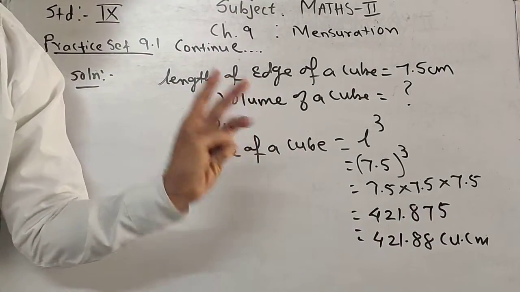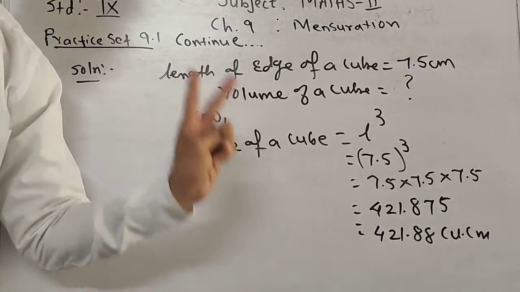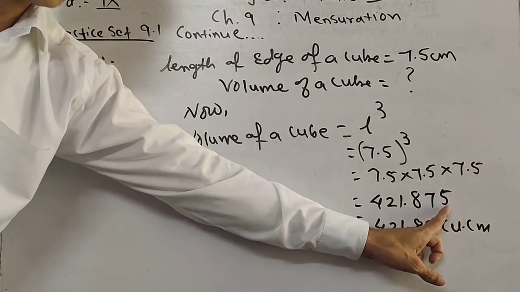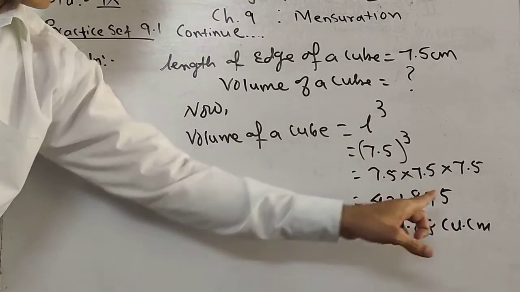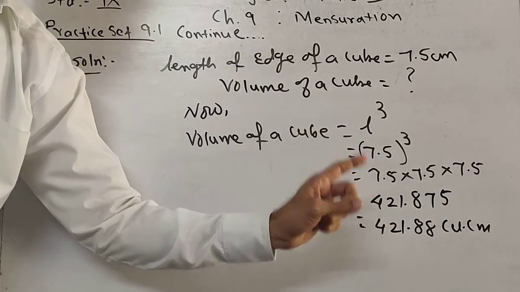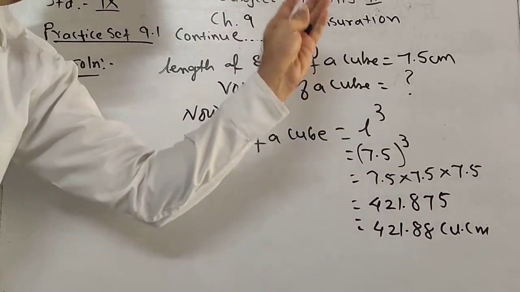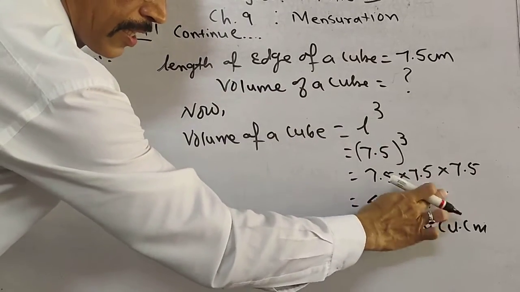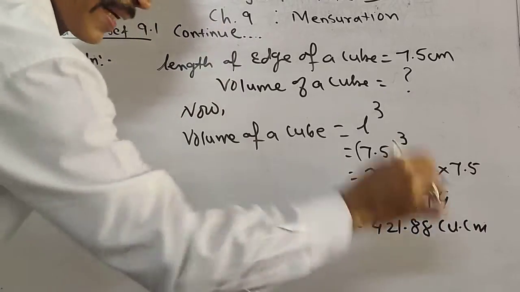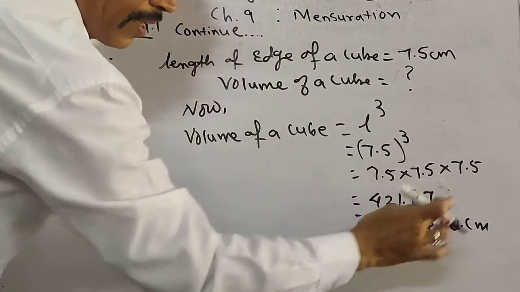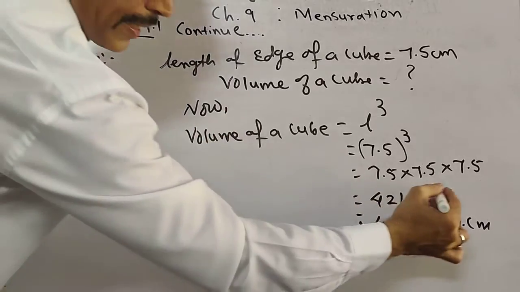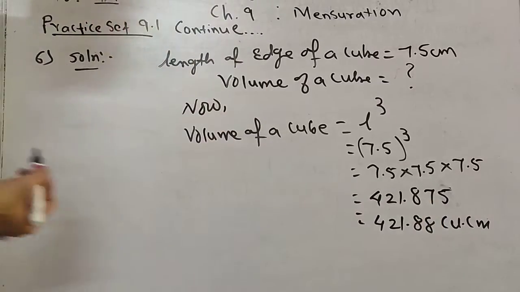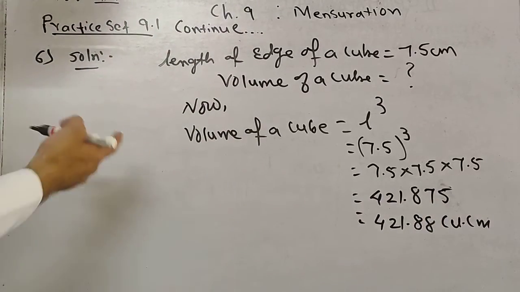So here the third digit has to be dropped. Suppose it is less than 5, suppose 3 or 4, then you can directly drop it, no need to increase. If it had been 4 by chance, you would have dropped that 4 and the answer would be the same. But now here it is 5, so you have to drop that and increase 1. So 421.88 is the answer for the sixth one.